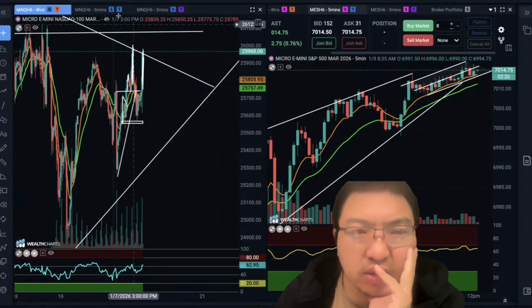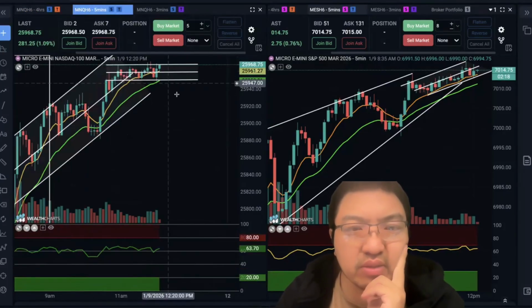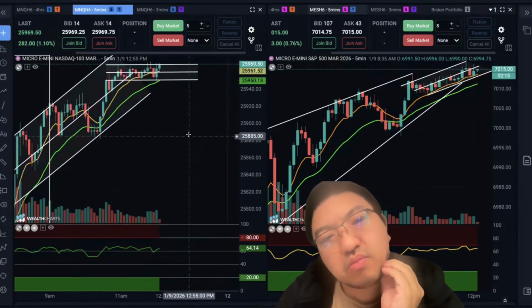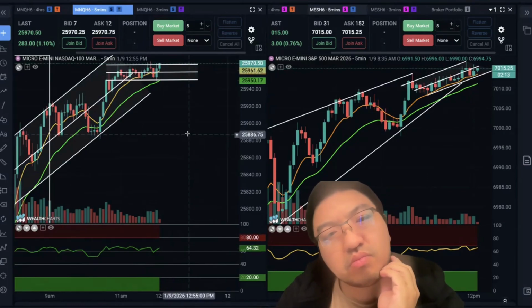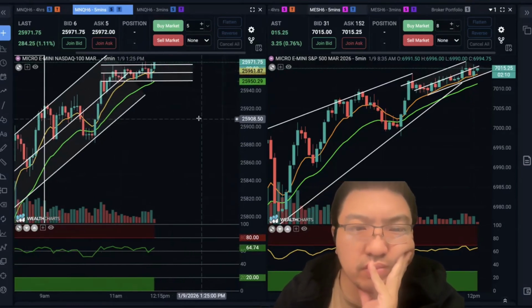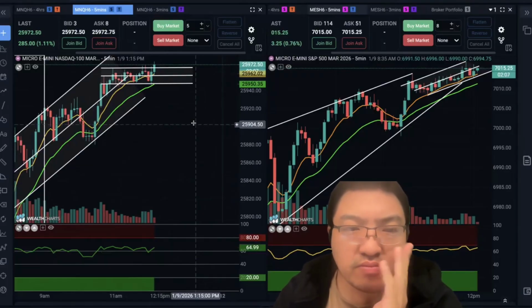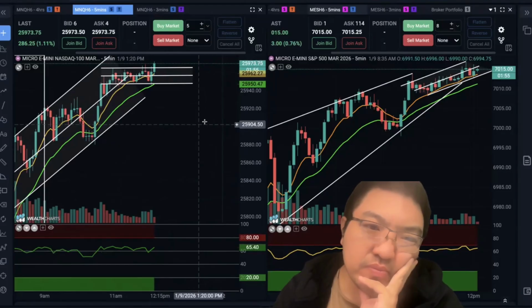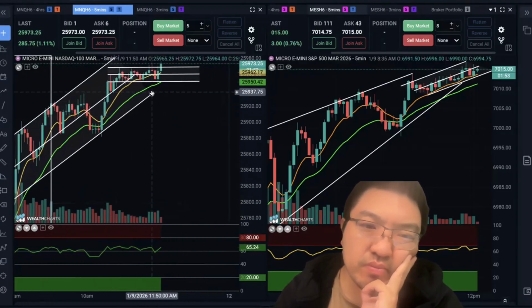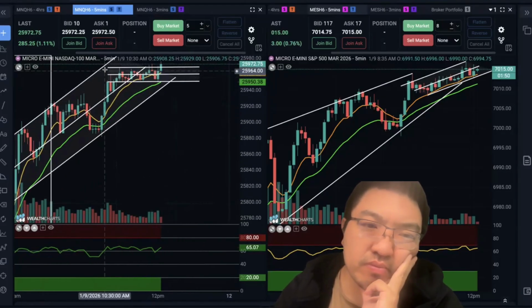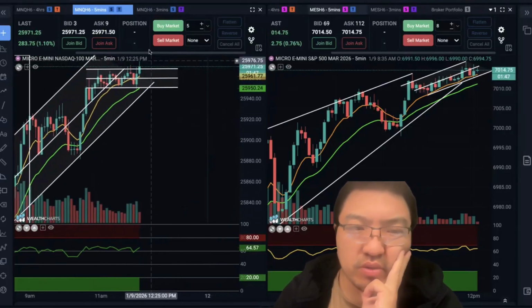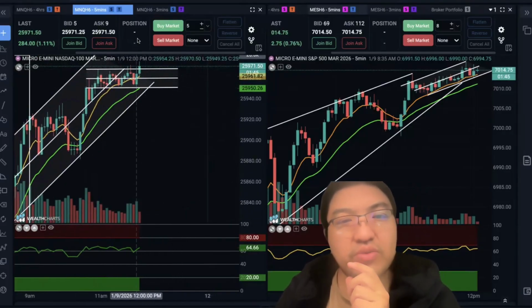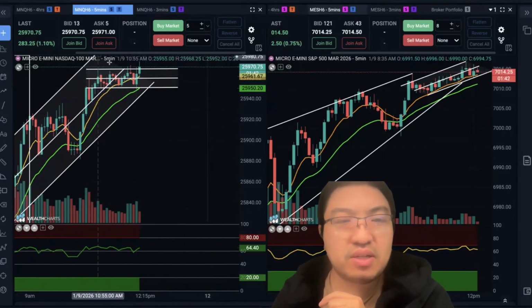Today it already exists here, still circling around here. I'm gonna try the momentum. It looks like it's gonna try to reach the upper bound of the channel.